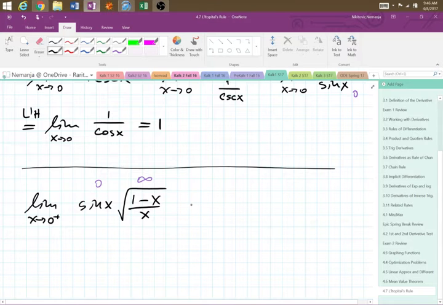So this is what I'm going to do. I'm going to switch the sign into cosecant.